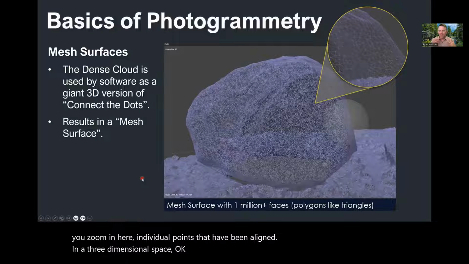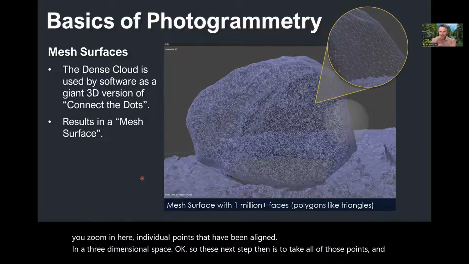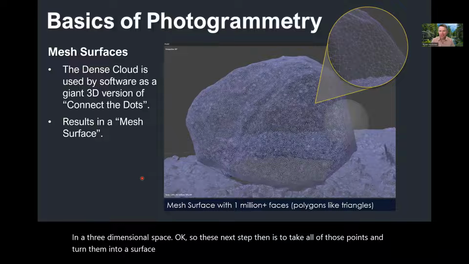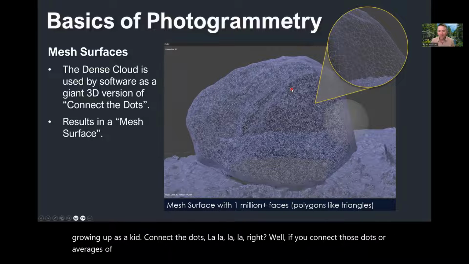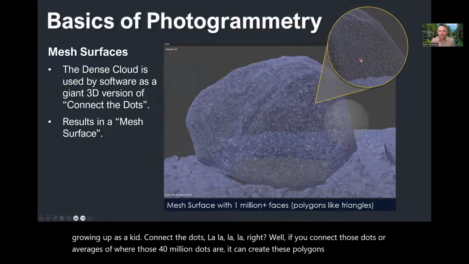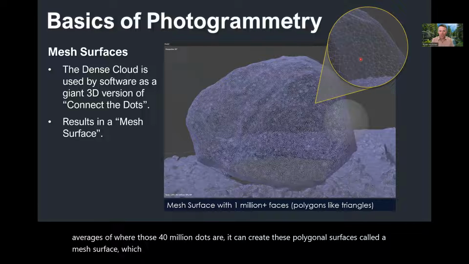So the next step then is to take all of those points and turn them into a surface. And so it's kind of like Pee-wee's Playhouse. If you ever watched that growing up as a kid, connect the dots, right? Well, if you connect those dots or averages of where those 40 million dots are, it can create these polygonal surfaces called a mesh surface, which basically is the outline of the entire object there.